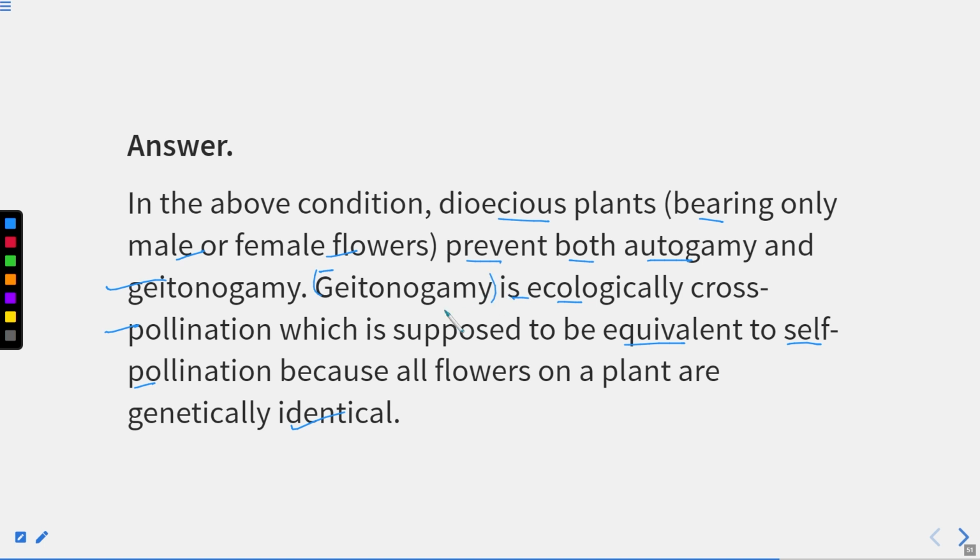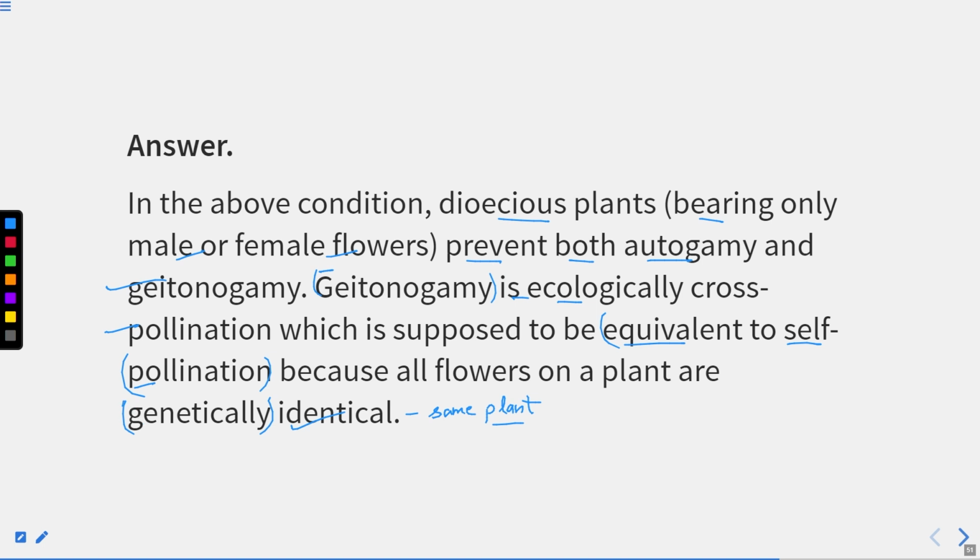So heterogamy is a type of cross-pollination. But you can also say it is equivalent to self-pollination. Why? Because the pollens are being transferred to a flower that is present on the same plant. And if it is being transferred to a flower of the same plant, then it is also genetically identical because both flowers are present on the same plant.